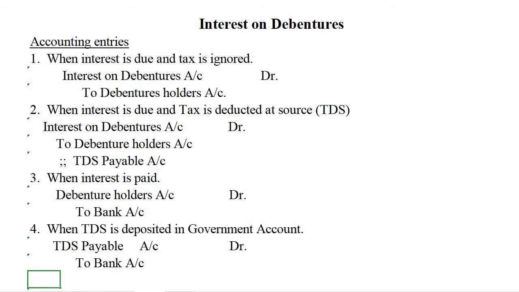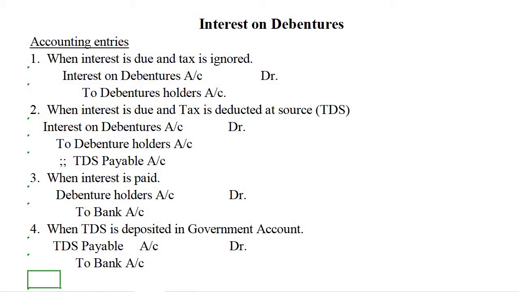So at that time we will discuss in detail what are the various account heads in the statement of profit and loss. In that statement, one head is finance cost, and under that head we have to show the interest paid to the debenture holders.